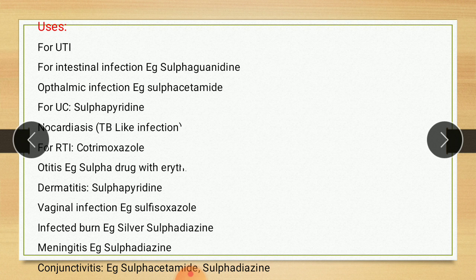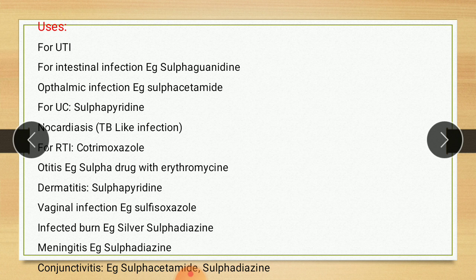So these are some important sulfonamides. Now general uses of sulfonamides. Mainly sulfonamides are used for UTI, urinary tract infection. Next use is for intestinal infection. For example, the sulfaguanidine drug is used for this purpose.